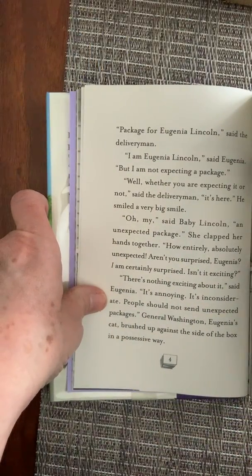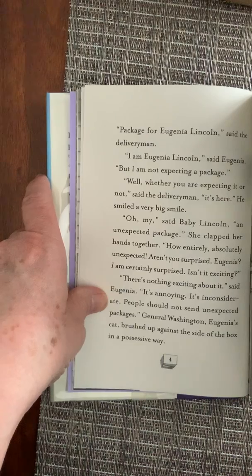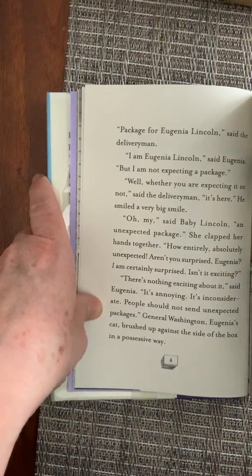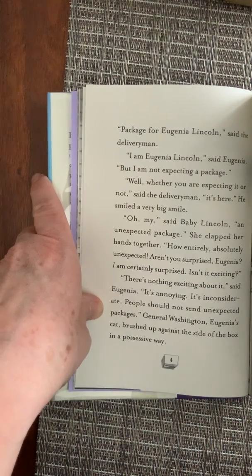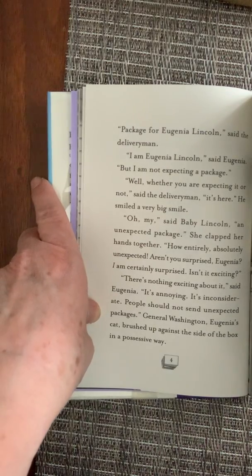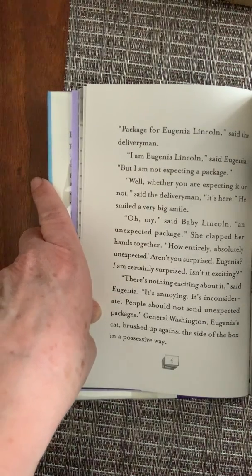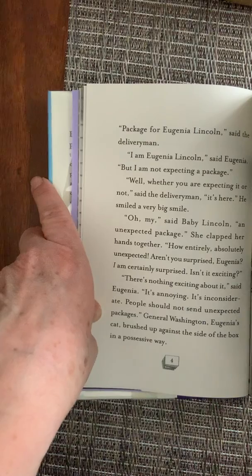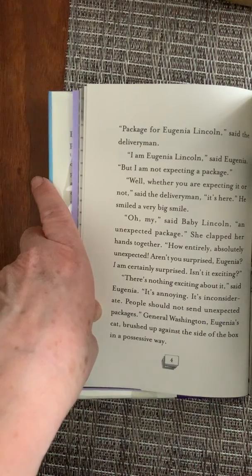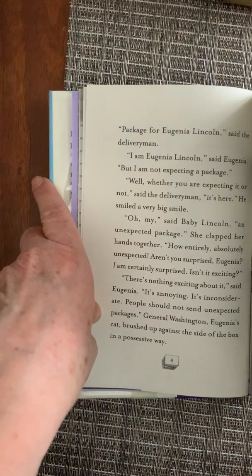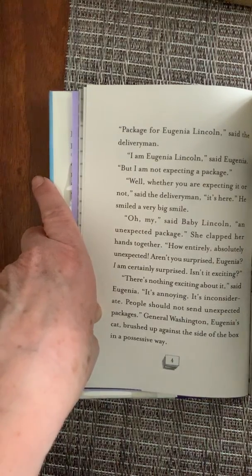"Package for Eugenia Lincoln," said the delivery man. "I'm Eugenia Lincoln," said Eugenia, "but I'm not expecting a package." "Well, whether you are expecting it or not," said the delivery man, "it's here." He smiled a very big smile. "Oh my," said Baby Lincoln, "an unexpected package." She clapped her hands together. "How entirely, absolutely unexpected.